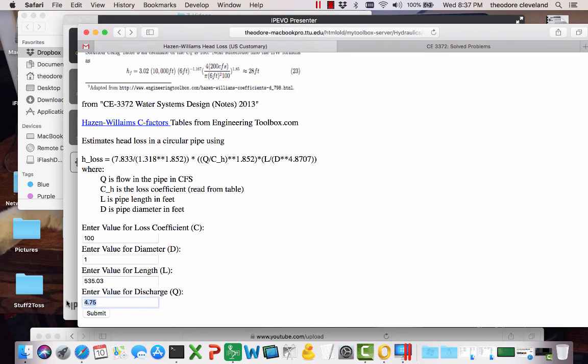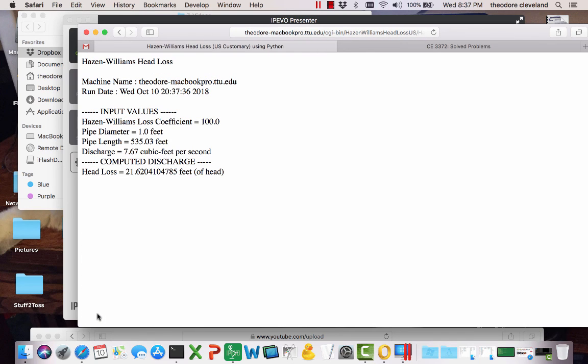And our flow rate is 7.67. And lo and behold, we get a loss of 21.62 feet. Therefore, we're quite comfortable that that's the equivalent pipe length that produces the same head loss as the 3 flows distributed among the 3 pipes.